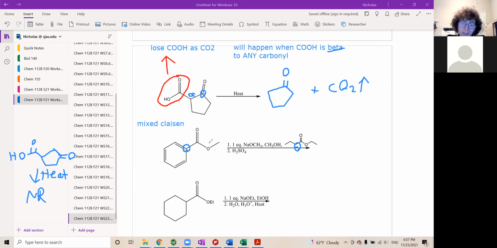So it doesn't have any alpha protons and can't form an enolate, just like when we had aldols and something didn't have an alpha hydrogen, it could not make an enolate.